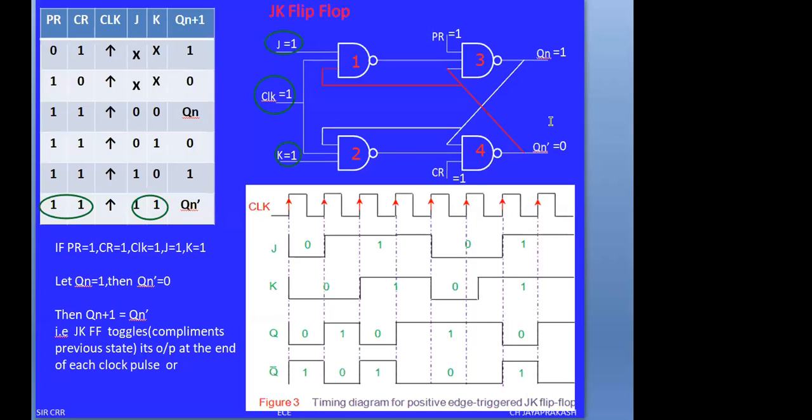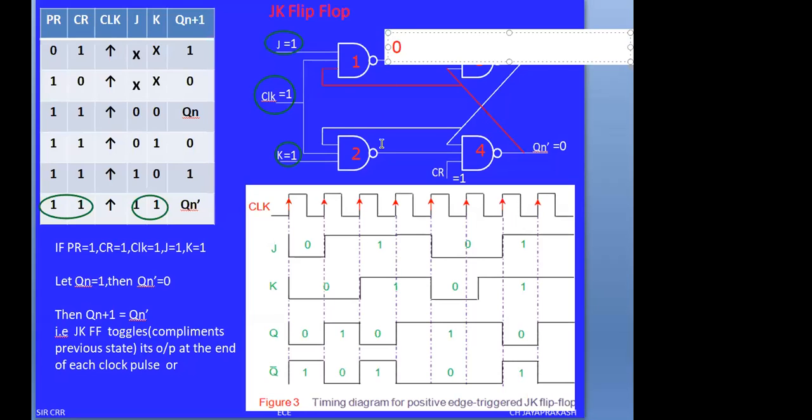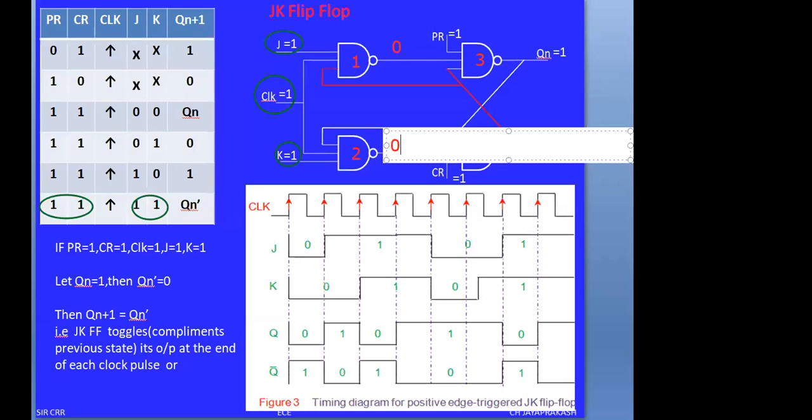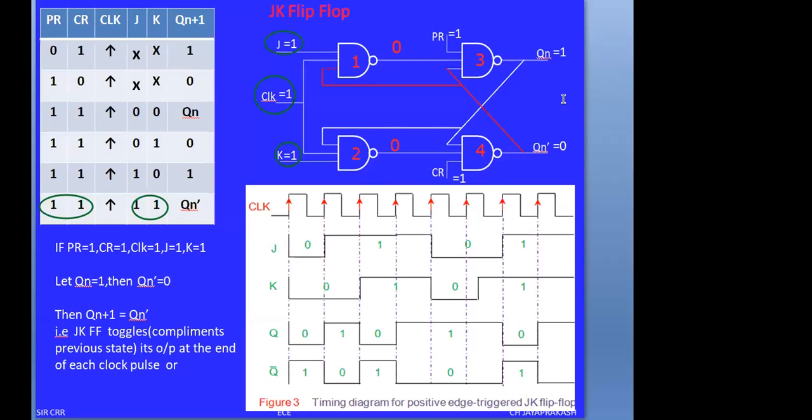Now you can see the response from NAND gate 1. When J and K are both 1, the output of NAND gate 1 is 0. Similarly, the output across NAND gate 2 is also 0. Look carefully; we check the inputs of NAND gate 1 and NAND gate 2.